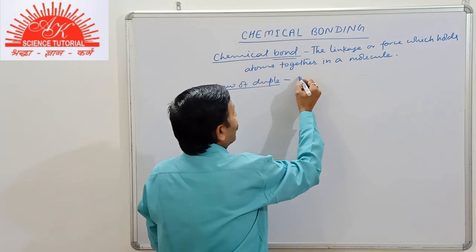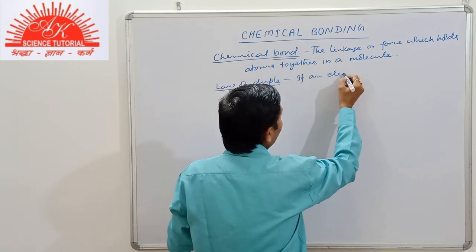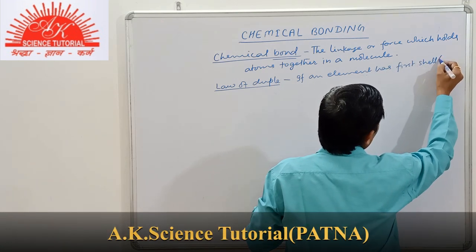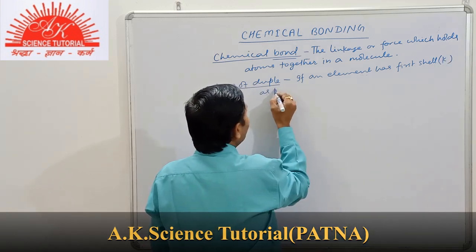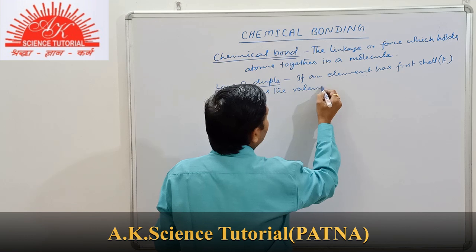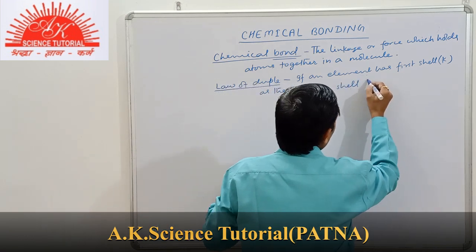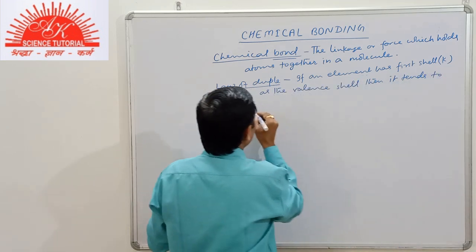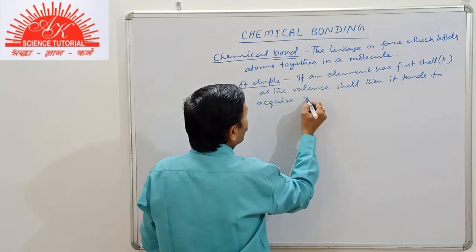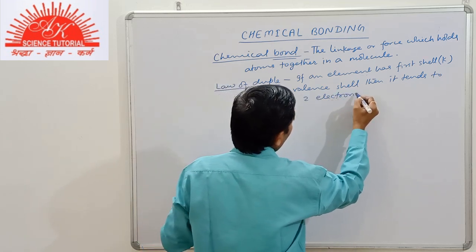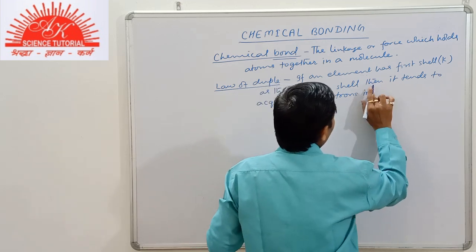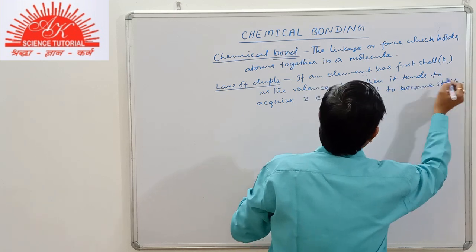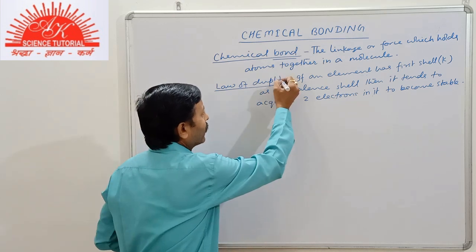That is, if an element has the first shell, that is the K shell, as the valence shell, then it tends to acquire two electrons in it to become stable. This is called the law of duplet.